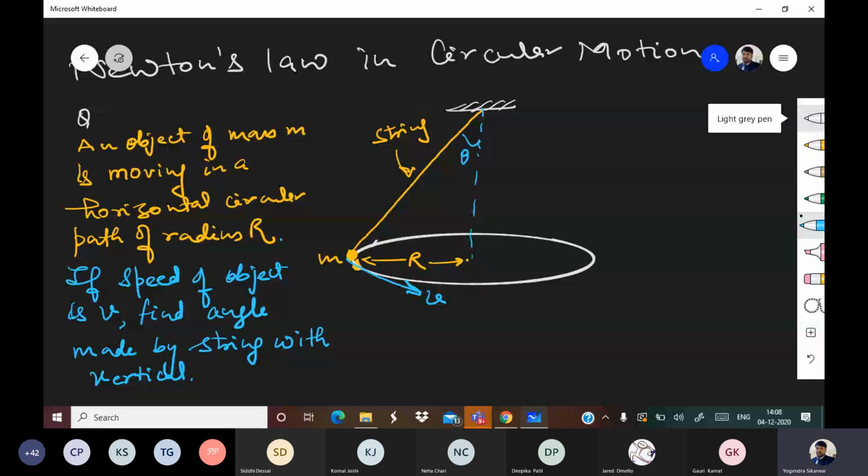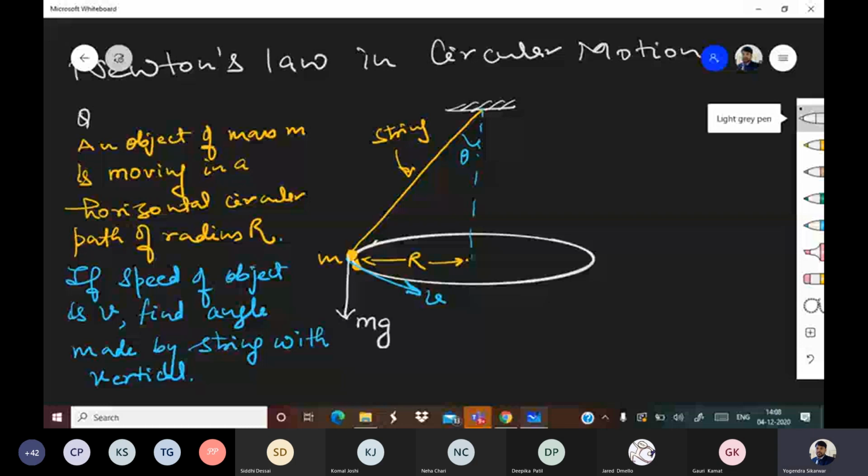Enough time given, everyone. Please pay attention. So in this question, mg will be acting on the object vertically downward. That is gravitational force. It always acts vertically downward.